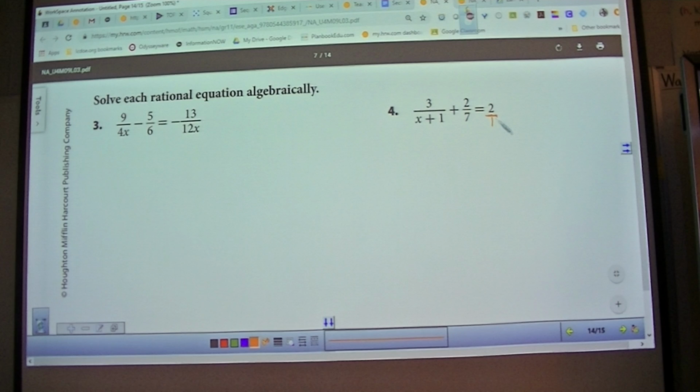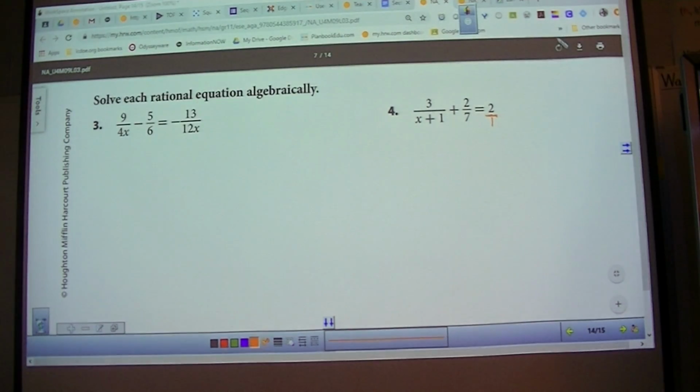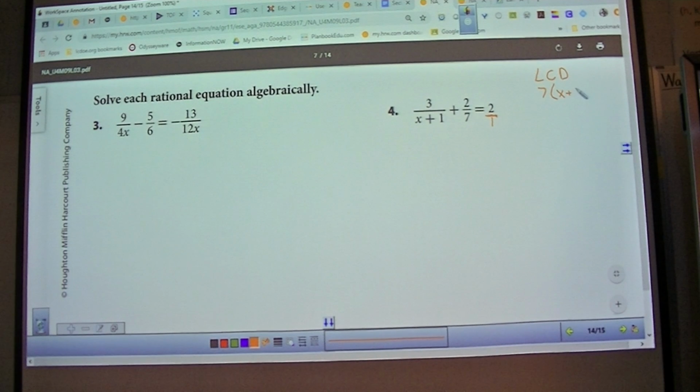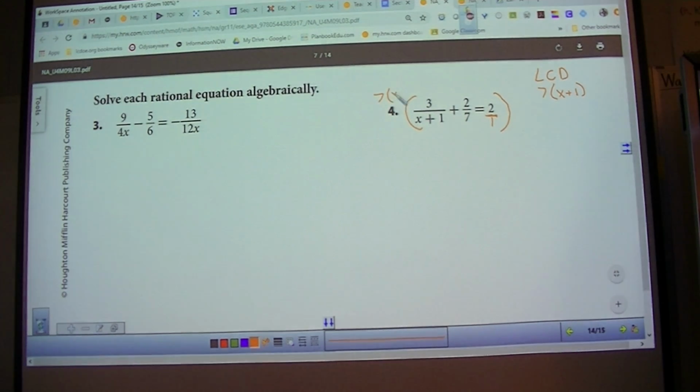Put this over 1. So is there any common factors with our denominators? There aren't any common factors at all. So our LCD ends up being just 7 times x plus 1. So that's what we're going to multiply everything by. We'll multiply everything here times 7 times x plus 1.